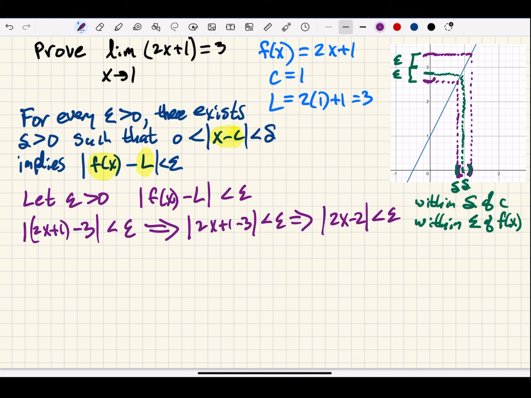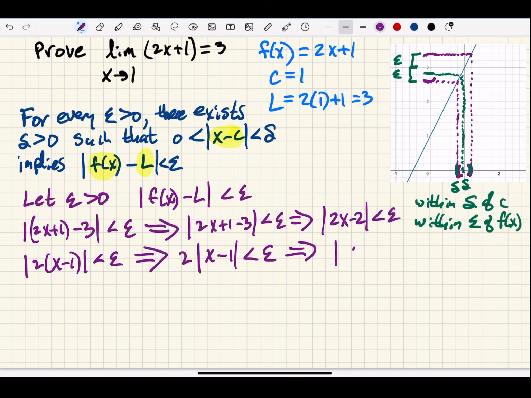We could factor a 2 out of that, and we'd have 2 times x minus 1 is less than epsilon. And then we could pull that 2 out of the absolute values, and we'd have 2 times the absolute value of x minus 1 is less than epsilon. And then we could divide both sides by 2, and we'd have the absolute value of x minus 1 is less than epsilon over 2.